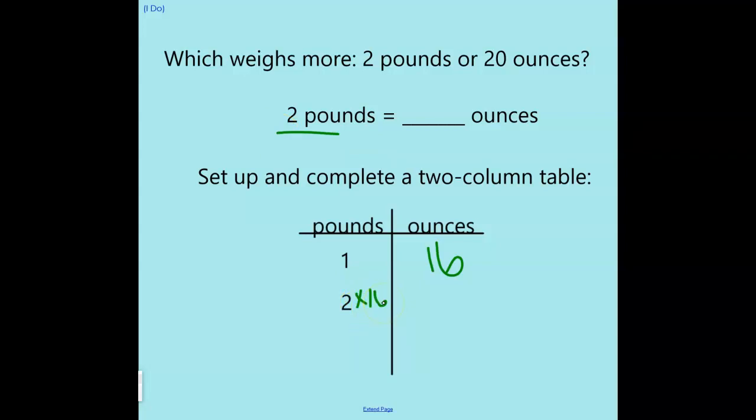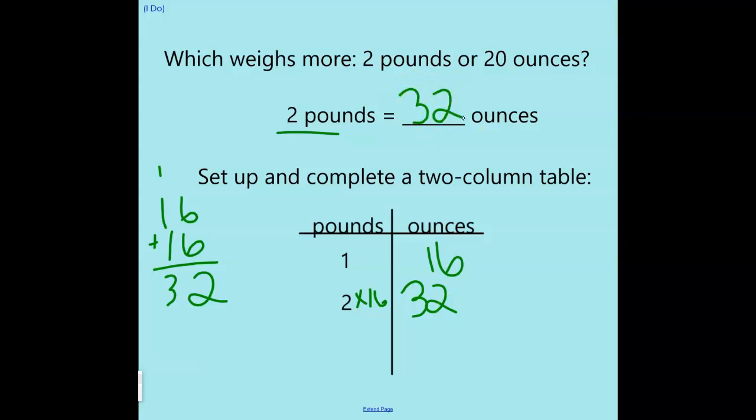So 16 plus 16 equals 32. So 2 pounds is equal to 32 ounces. That being said, which weighs more? 32 ounces or 20 ounces? 32 ounces weighs more, so 2 pounds weighs more. Okay.